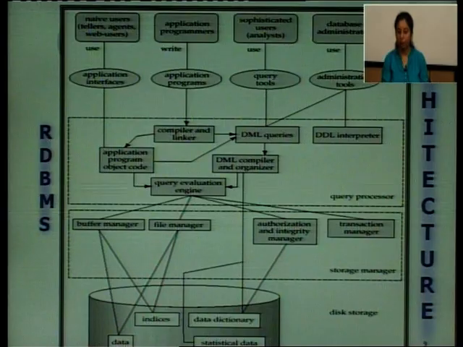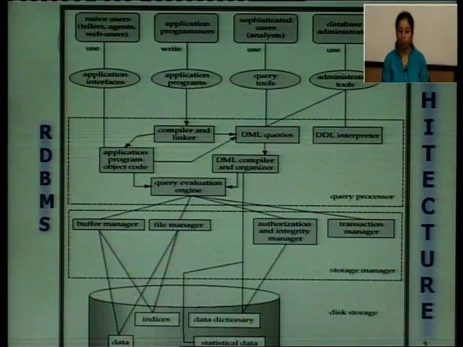Now the query processor includes application programs, object code, then the application programmer used to compile and link this program, then query tools used for DML, database management concepts, then data definition language interpreters, then DML compiler and organizer, then this combined goes to the query evaluation engine. This query evaluation engine forwards the data to the buffer manager and the file manager, and next is the authorization and integrity manager and then forwards to the transaction manager.